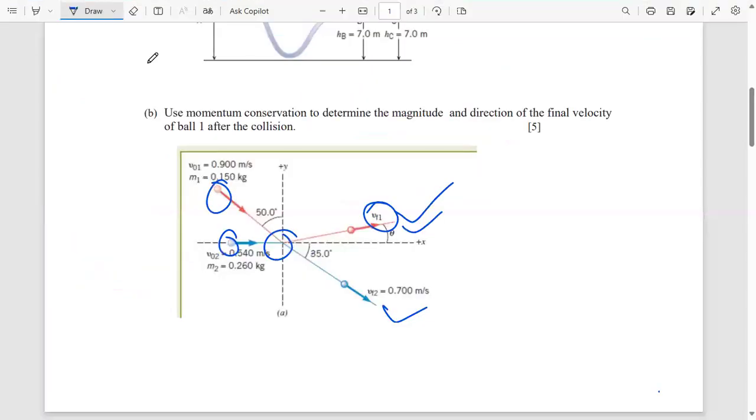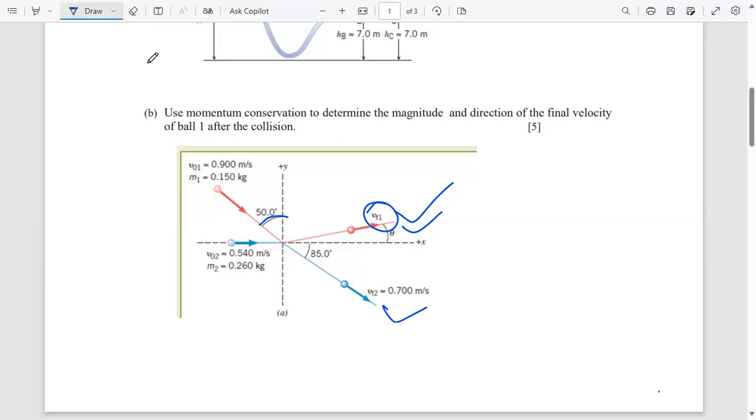We've already been given the mass of one and the initial velocity of one, and also the mass of two and the initial velocity of two. If I look at my ball number one here, I can tell it is moving at this angle, which is 50 degrees from the positive y-axis, and it is in the second quadrant.